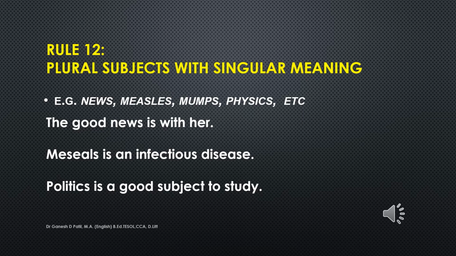These are all in plural form, but they always take a singular verb after them. For example, the good news is with her. Measles is an infectious disease. Politics is a good subject to study.